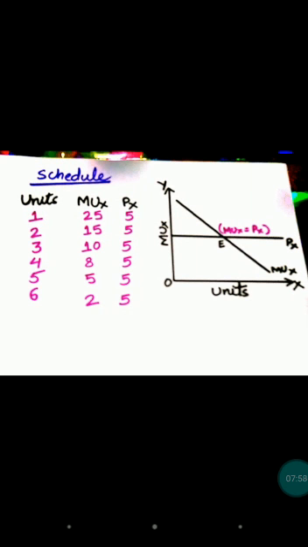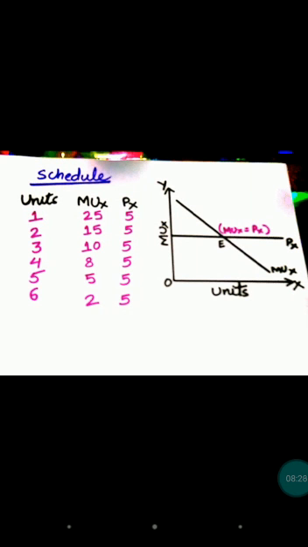If we consume the second glass, the satisfaction level goes down from 25 utils to 15 utils. Then moving from the second to the third unit, the satisfaction level again goes down. MU keeps declining when we do continuous consumption: 10, 8, 5, 2. MU is going down, and the price is constant here.